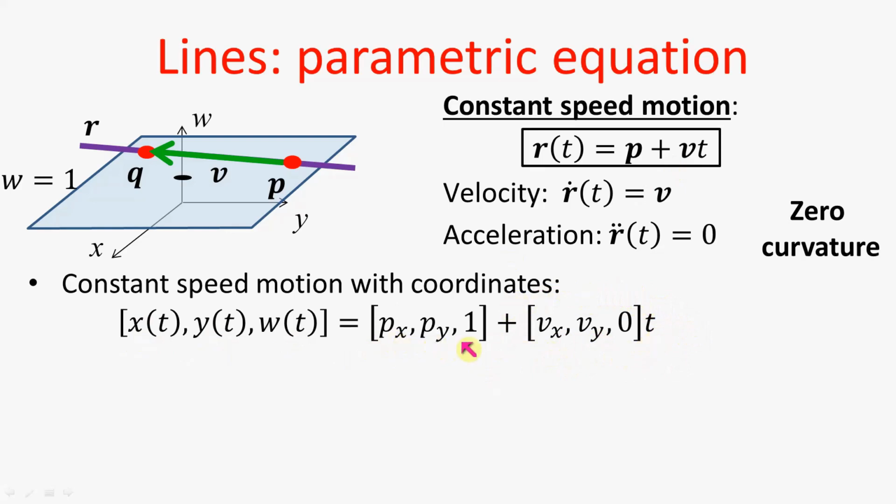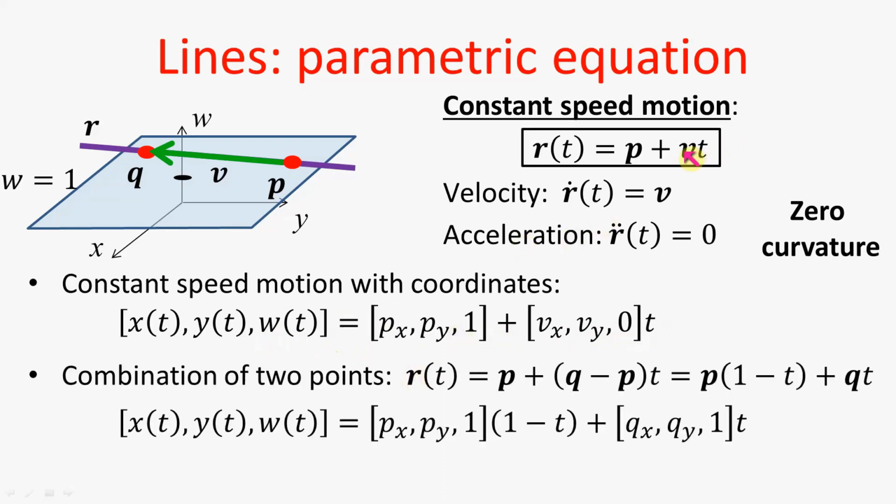As the starting point is a point, the extra coordinate is 1, and as the velocity is a vector, its extra coordinate is 0. Note that this is the right way of assigning this extra coordinate, because in this way, for arbitrary t value, we get a 1 value in the result, so the result will always be a point in our Euclidean geometry.